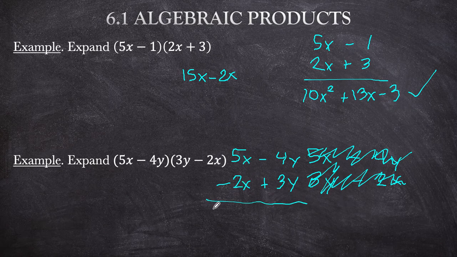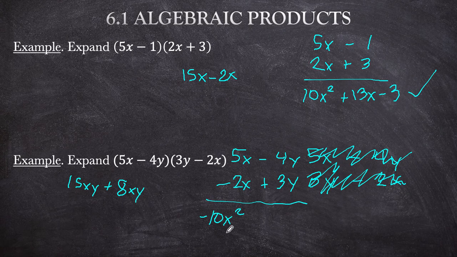5x times negative 2x is going to give us negative 10x squared. Next, we have 5x times 3y, which is going to give us 15xy. Let me write it here so that we won't get lost. 15xy plus negative 4y times negative 2x is going to give us positive 8xy, right?